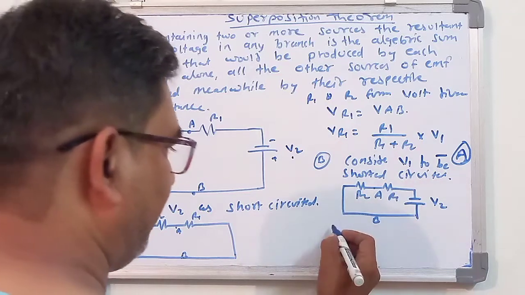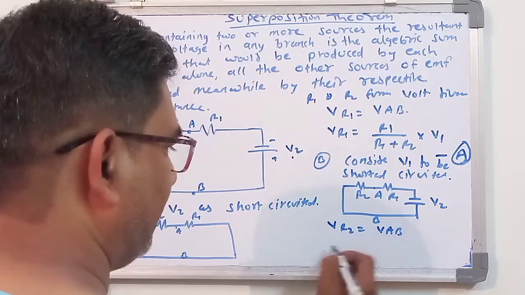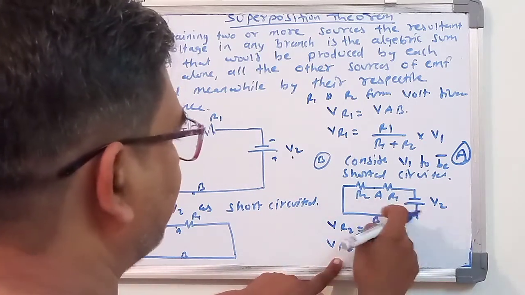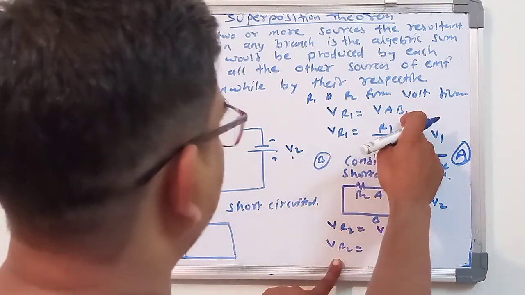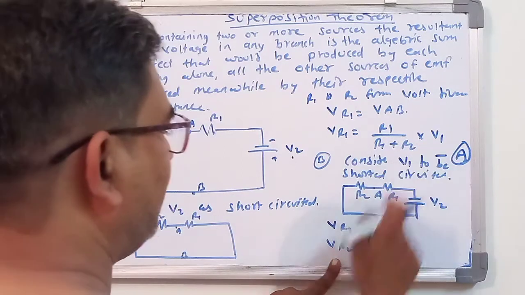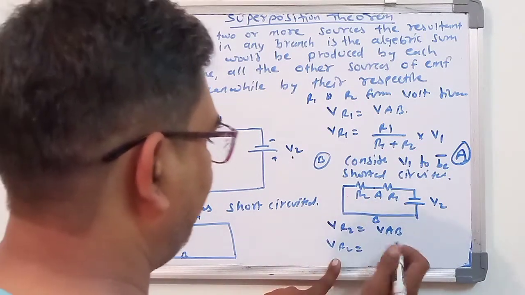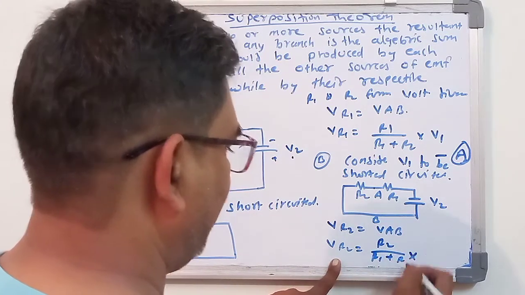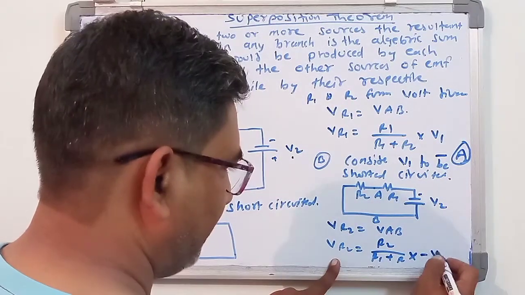So here VR2 is again equal to VAB. In the first consideration we had R1 by R1 plus R2. Now the second value is R2 divided by R1 plus R2 multiplied by minus V2, since it is minus V2.